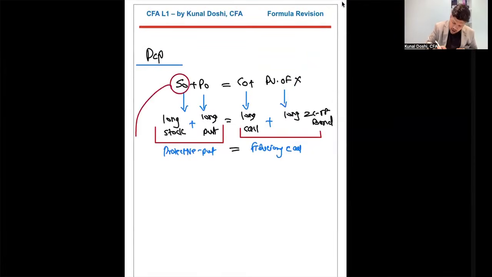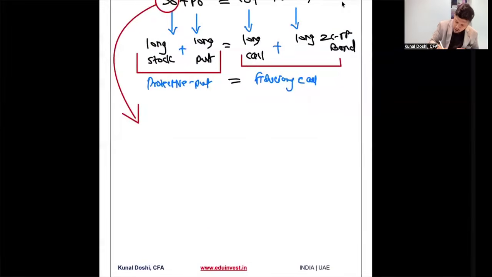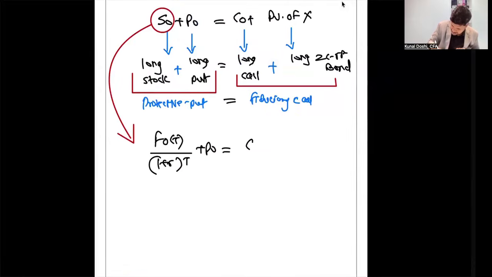And in this, if I replace the spot with the present value of forward, because based on time value, spot and present value of forward are the same, and rest all I put as it is, C0 plus present value of strike price, this becomes what? This becomes put call forward parity.